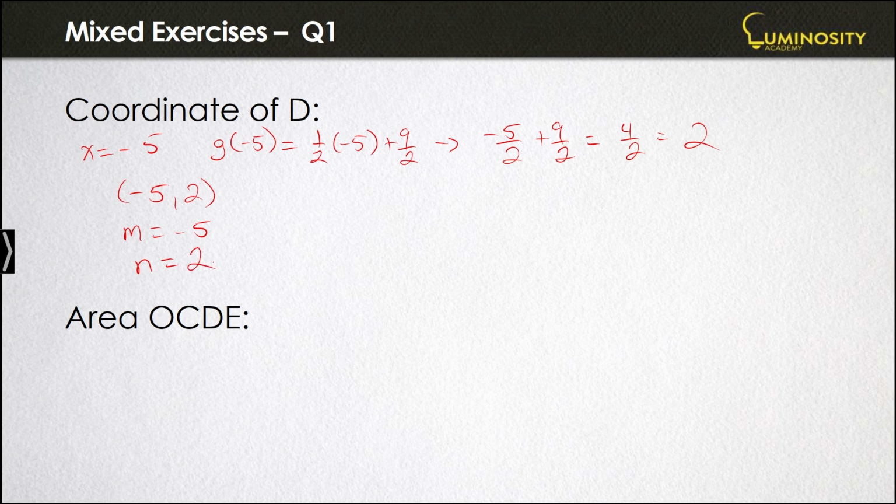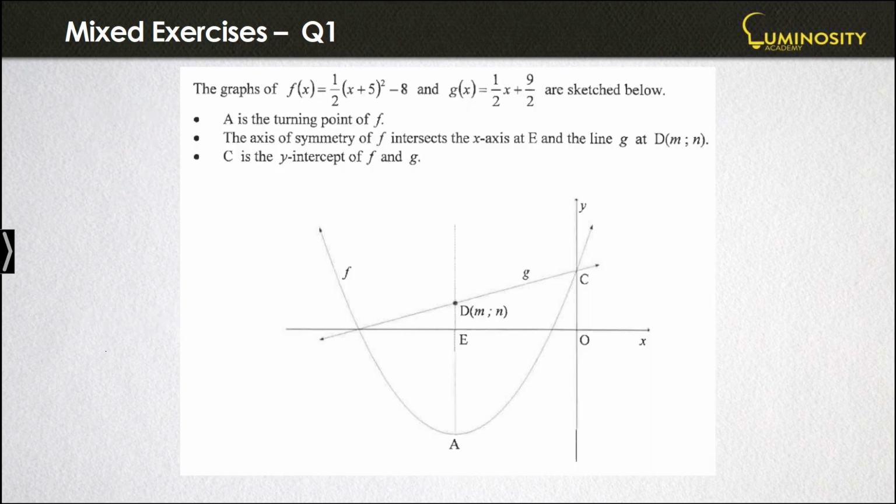Now it wants to know the area of OCDE. For this, we need a bit of information. When we take a look at this, it looks like a trapezoid. If you remember, the area of a trapezoid is half of the sum of your bases, times the height. The height here would be OE, and to go from O to E is just 5 units, because the axis of symmetry is at negative 5.